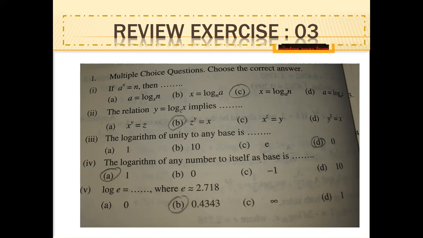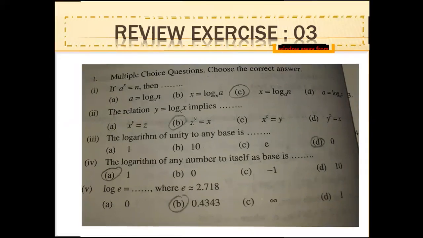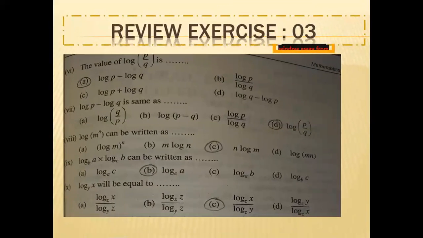The option of first is C, the second one is B, the third one is D, fourth is A, 5 is B, 6 is A, 7 is D, 8th is C, ninth is B, and the last is C.